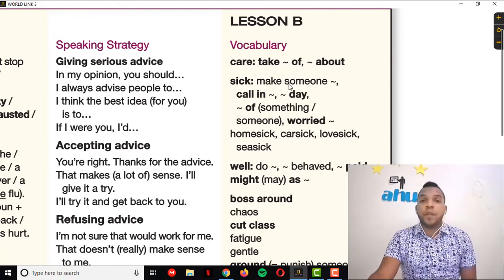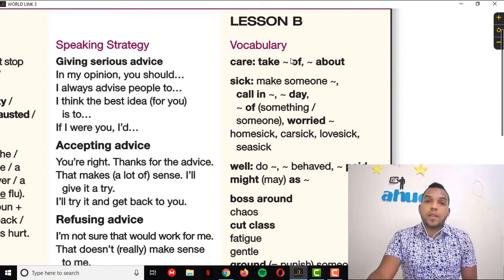For example, if you have babies or kids, you need to take care of them. So that's something you have to do. Take care of all the things that can have a little danger, if you are a careless person, you need to take care of that.